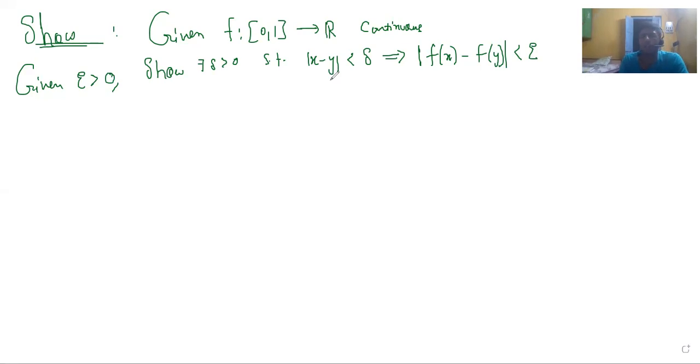Let's try to prove this. There are many ways to prove this. Let's see what way we end up doing. But how do you start such a proof? That's the question.